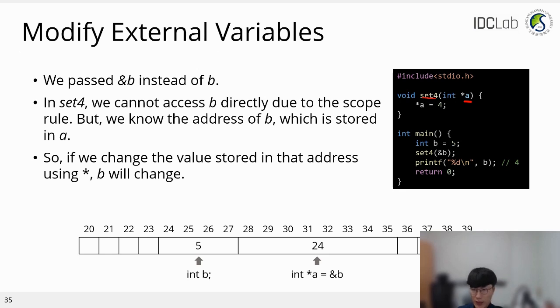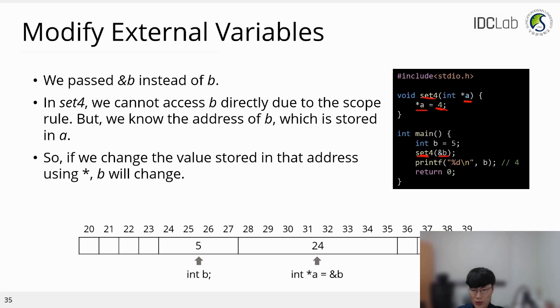And we assign 4 after dereferencing A. So we store 4 in the variable in the memory space that is pointed to by A. And when you call set4 in the main function, you need to provide a memory address. So by using the reference operator, you provide the memory address of B as an argument.